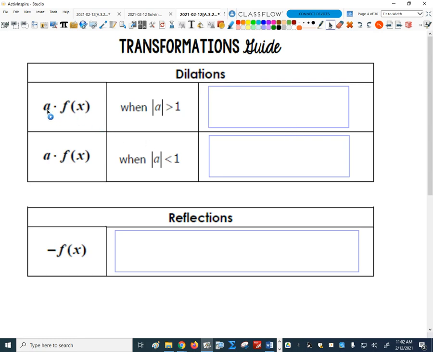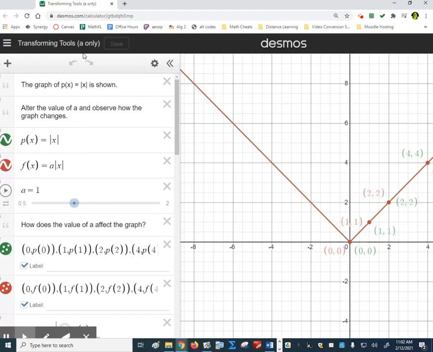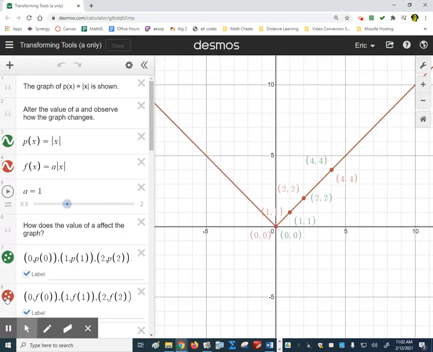If I multiply a function by a, let's see what happens. So again, I've got my parent function here, just plain old absolute value of x. I want to see what happens to my new function f of x when I multiply my parent function by some number outside. What do you think it's going to do? Any suggestions? Type it in chat.